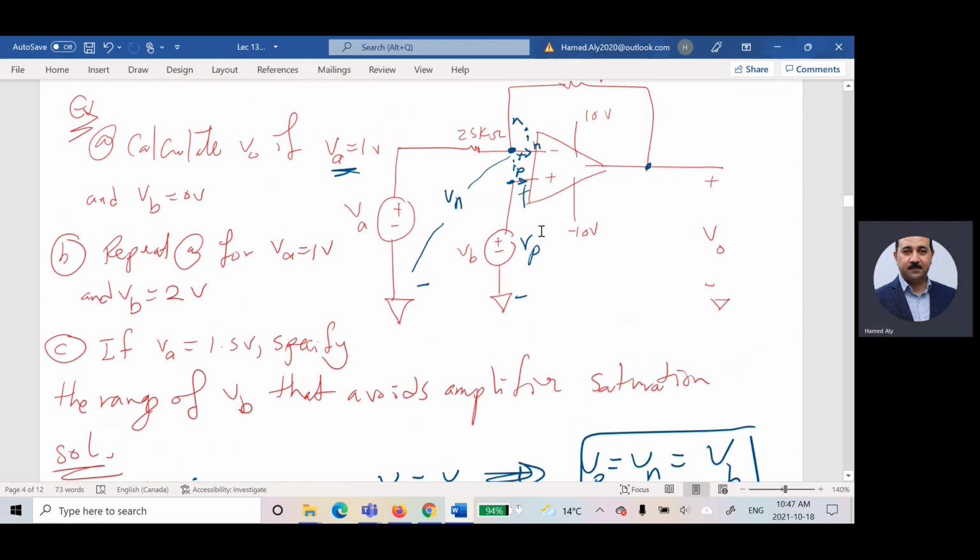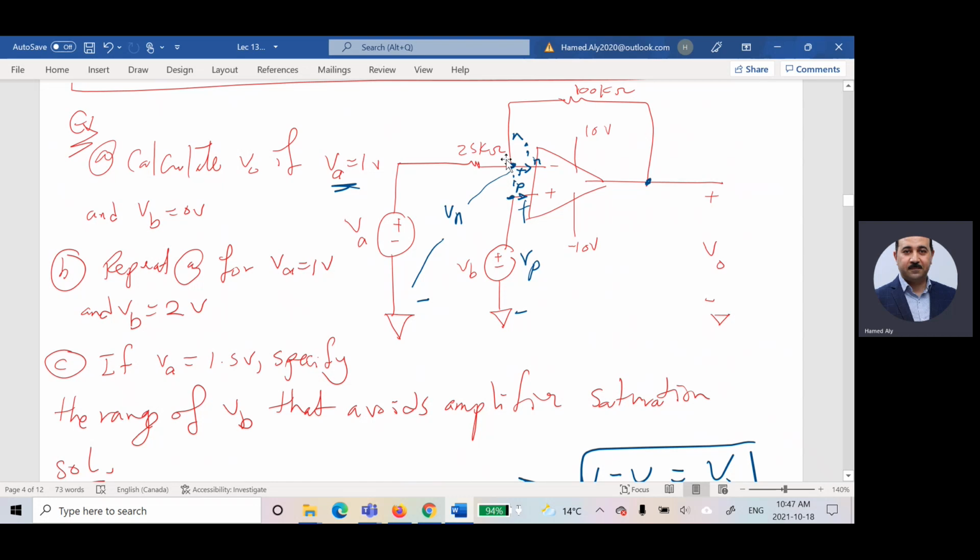Now, I'm going to say summation the current for that node is equal to 0. Why? Because he would like to calculate VO, and I know that VO is a function of the current in this branch. So I can say summation the current for that node is equal to 0.